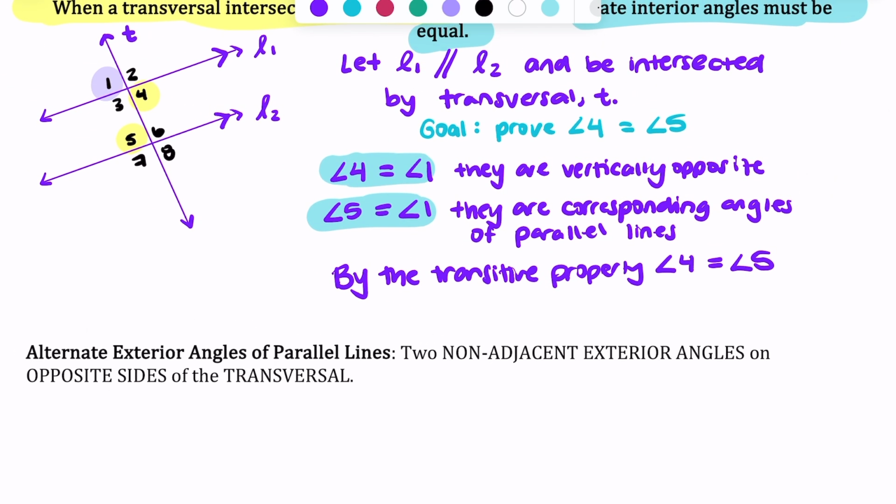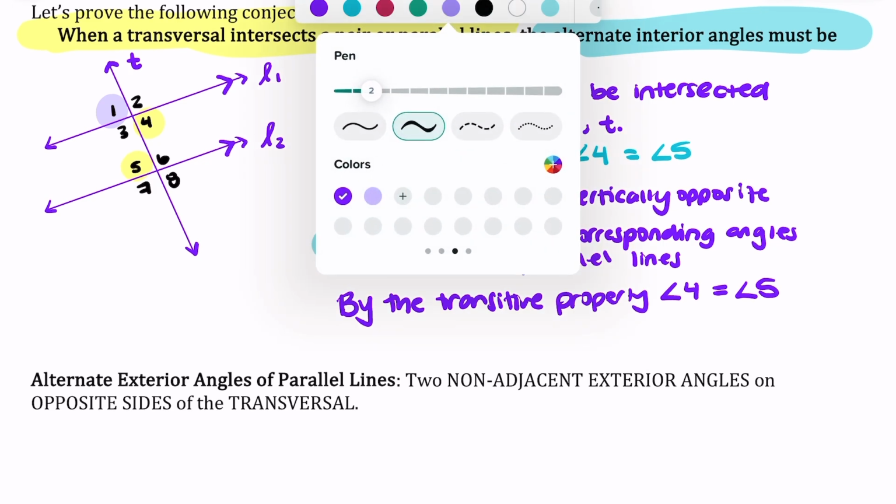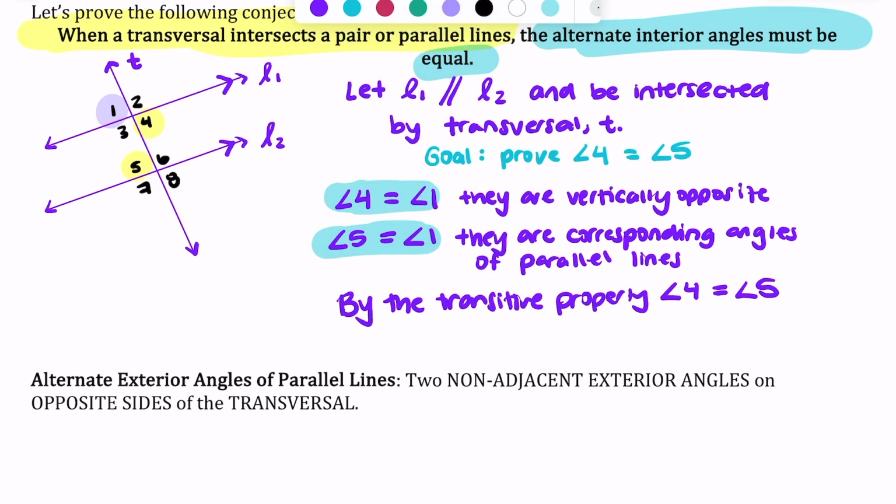Now the last and final thing that we need is a conclusion. Remember that a conclusion is just like an aha statement, okay? I wanted to show that the alternate interior angles must be equal, specifically when a transversal intersects a pair of parallel lines. So I'm just simply going to conclude that. The fact that I had by the transitive property is in there.